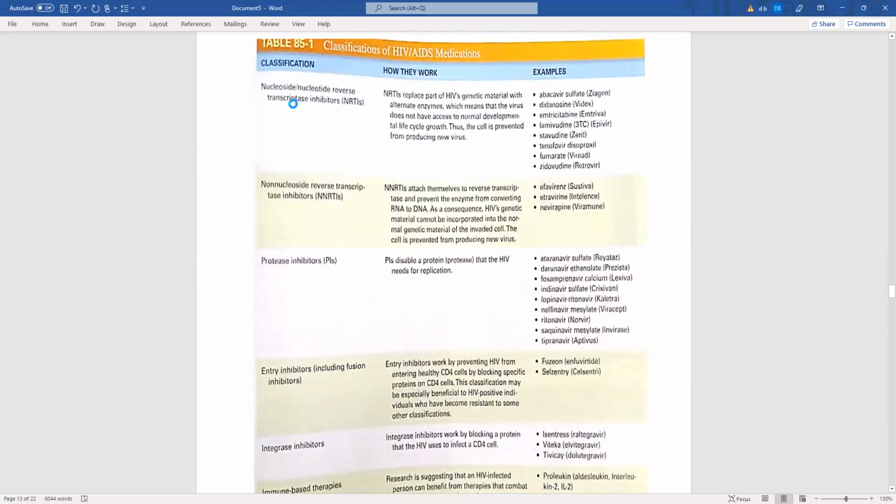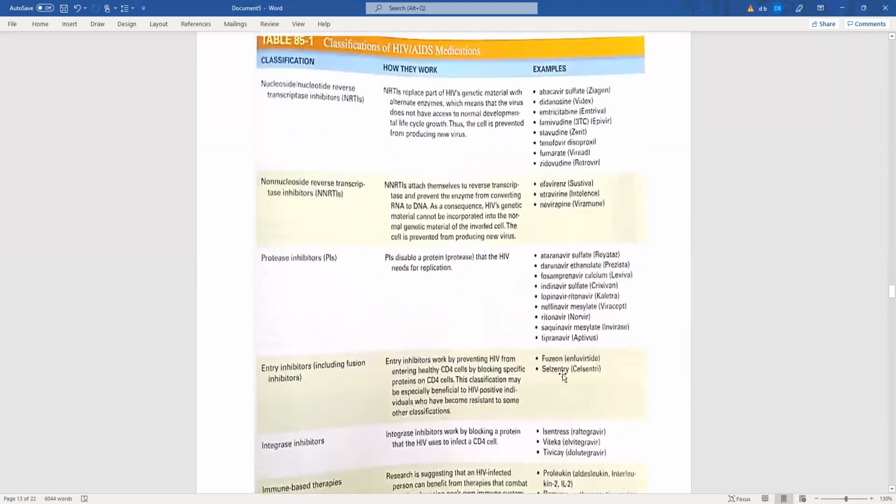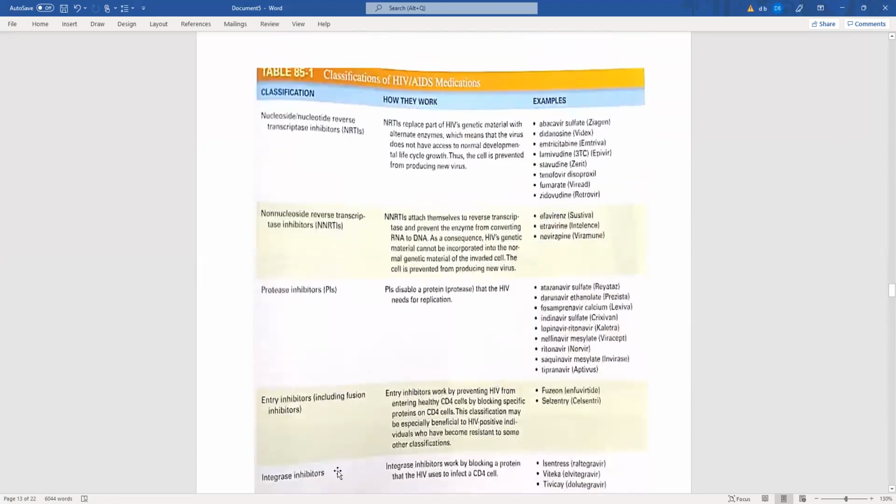An example: nucleoside or nucleotide reverse transcriptase inhibitors, so that's NRTIs. You need to know how they work. Know some examples, but I wouldn't go too deep into this. This is what I'm looking for: the classifications and how they work.